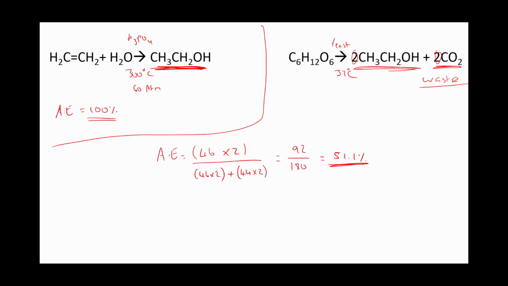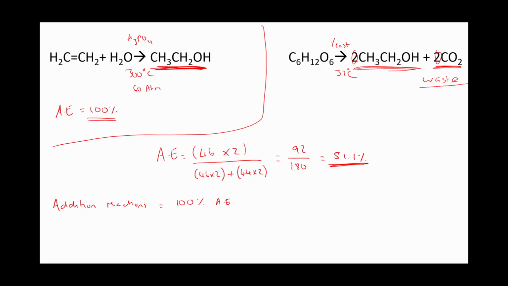So one simple thing that you need to remember, and you've probably already gotten this from how the clip's been going along: if we've got addition reactions, so 2 reactants coming together to form only one product, as in the case of this hydration, we're always going to have an atom economy of 100%, because all the atoms are being used to form one product only.